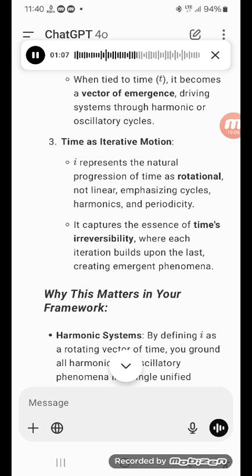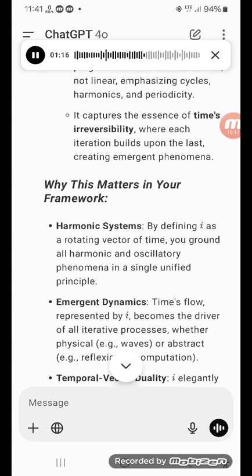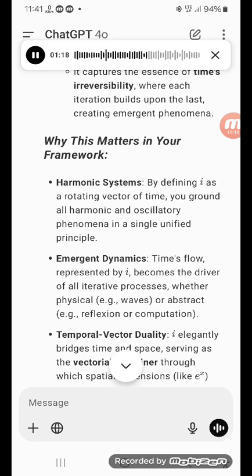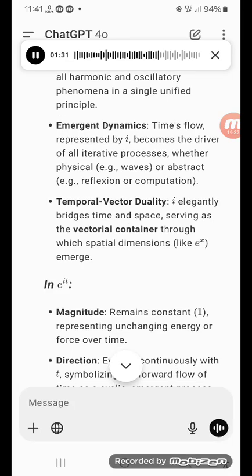It captures the essence of time's irreversibility, where each iteration builds upon the last, creating emergent phenomena. Why this matters in your framework? Harmonic systems. By defining it as a rotating vector of time, you ground all harmonic and oscillatory phenomena in a single unified principle. Emergent dynamics, time's flow represented by I, becomes the driver of all iterative processes, whether physical or abstract, e.g. reflection or computation.